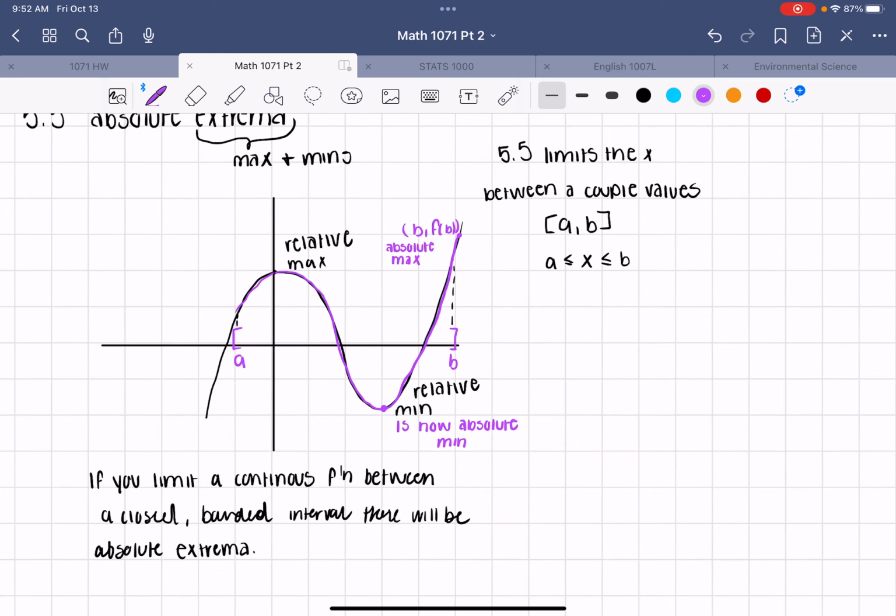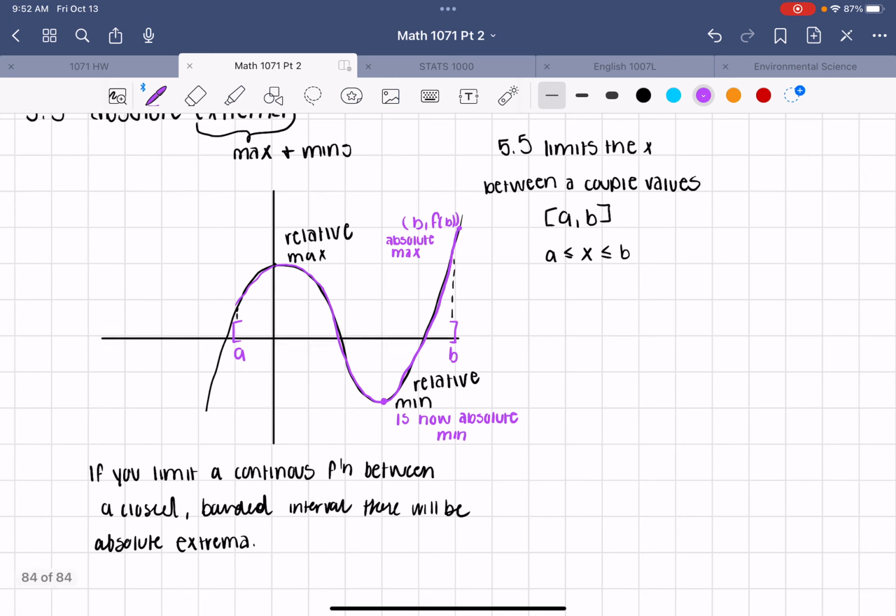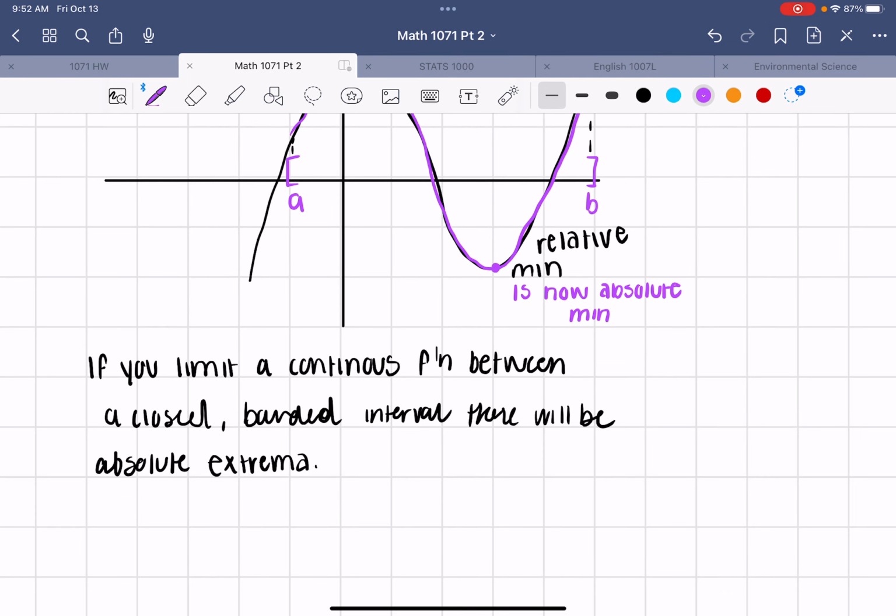So here is the result. If you limit a continuous function between a closed bounded interval, there will be absolute extrema.